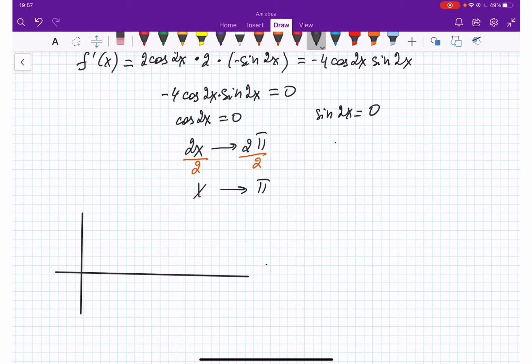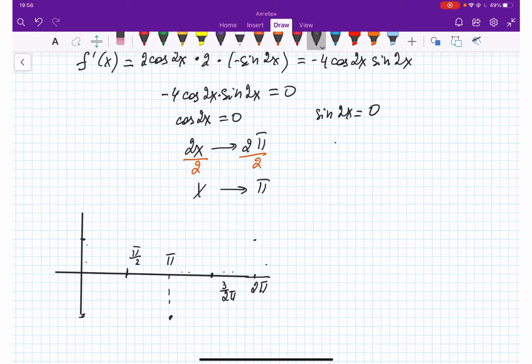This is half a pi, this is pi, this is 3 over 2 pi, and this is our 2 pi.